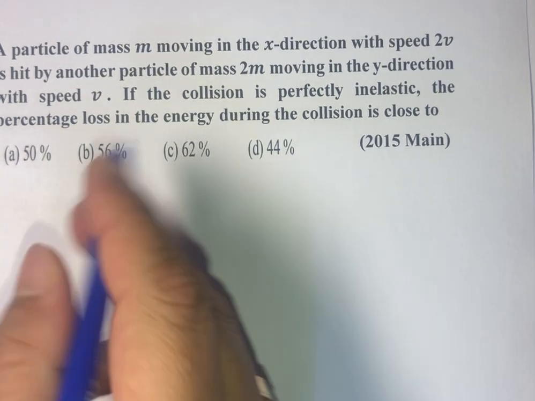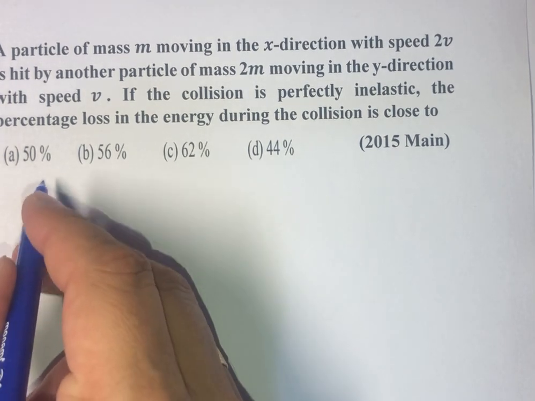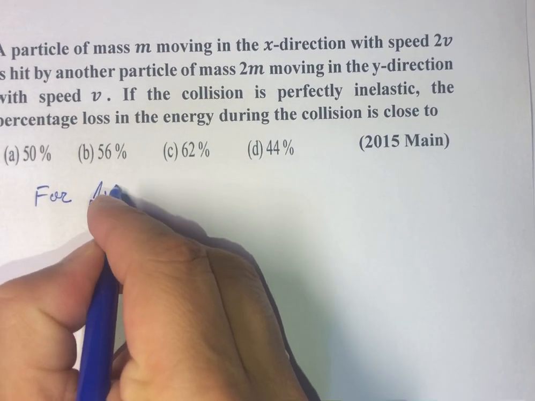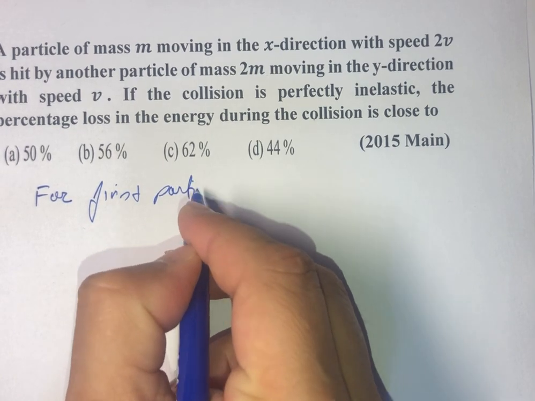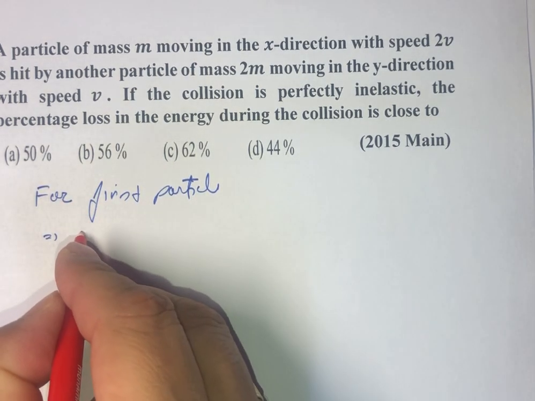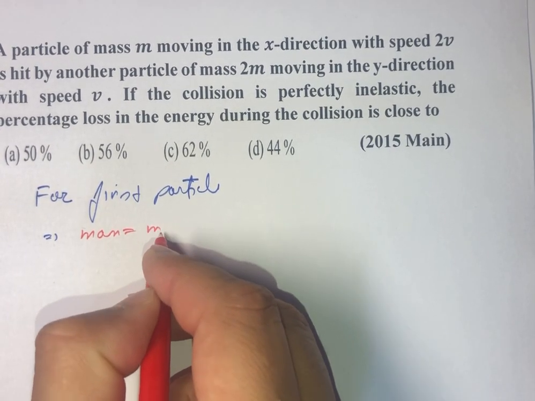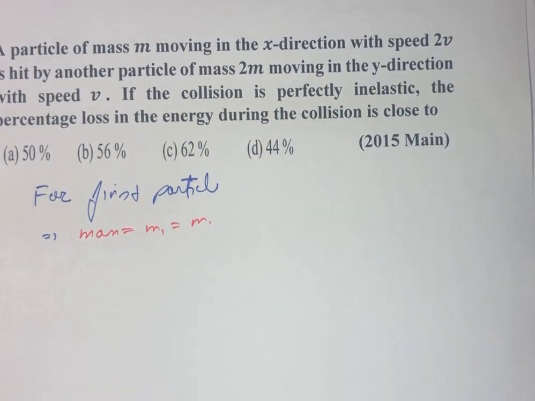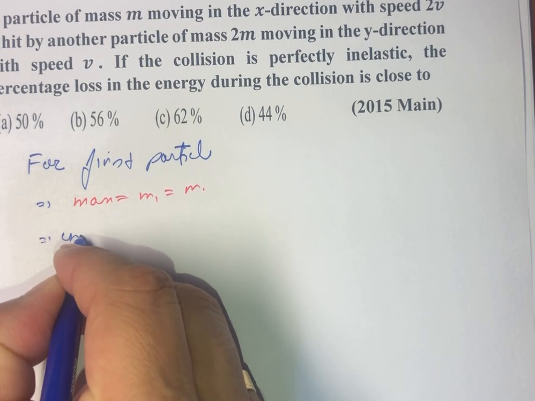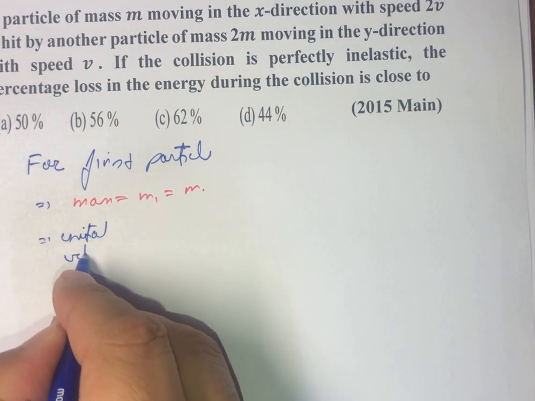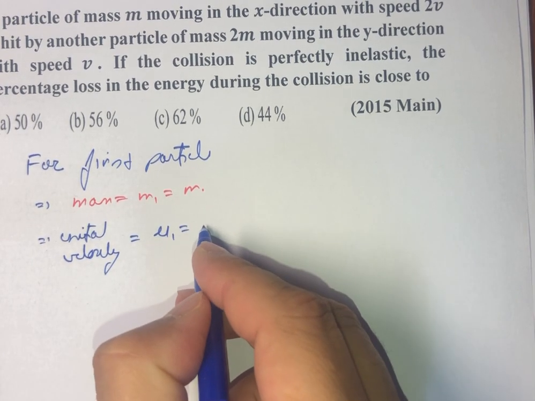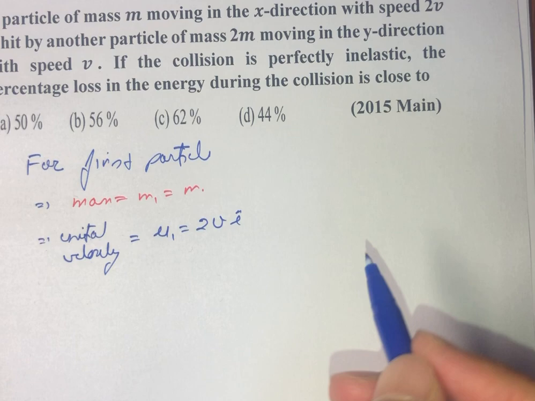So let us say, as we are given two particles, for the first particle, its mass is given as m1, which is nothing but equal to m, and initial velocity is given as u1, which is equal to 2v i, because it is moving in x direction.